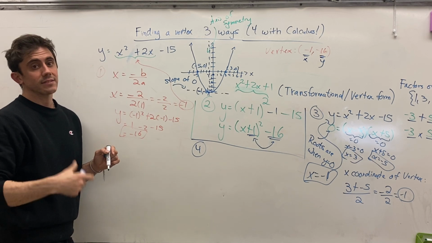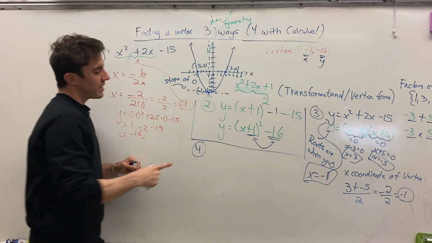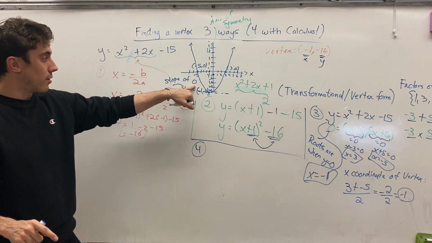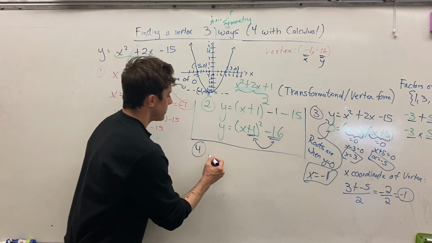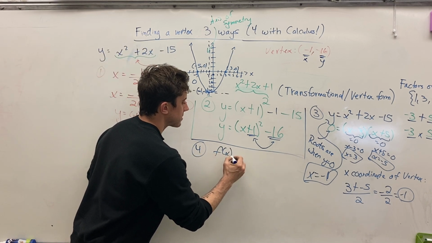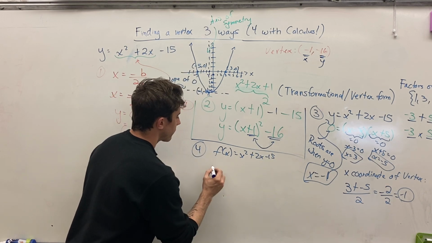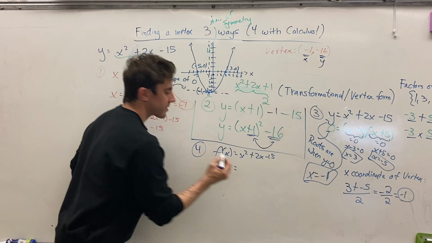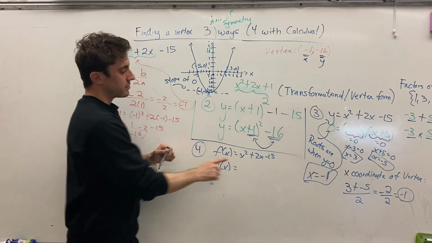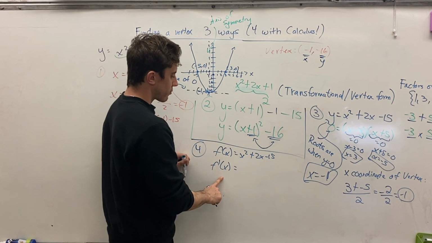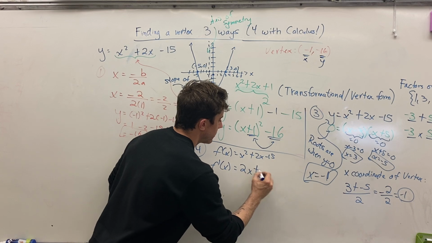And in the case of a quadratic, that will be our one and only vertex. And so we can look for any zero of our derivative, namely if we call f of x equal to x squared plus 2x minus 15, then we're looking for any zeros of f prime of x. And if we go ahead and differentiate using our power rule, f prime of x would be 2x plus 2.